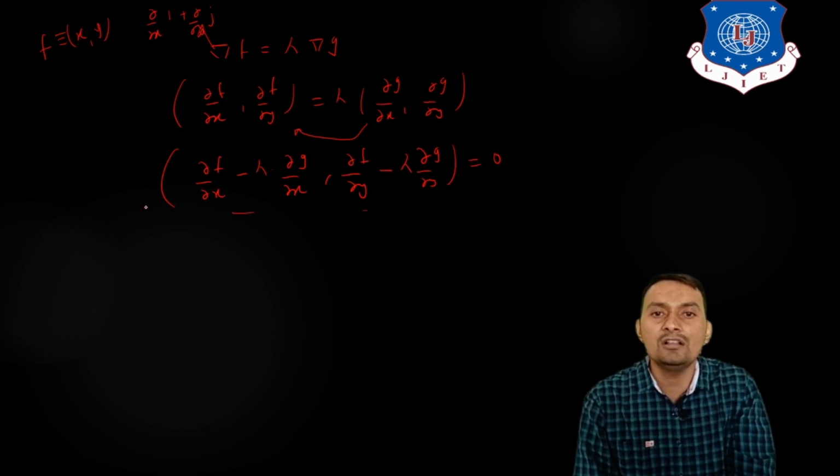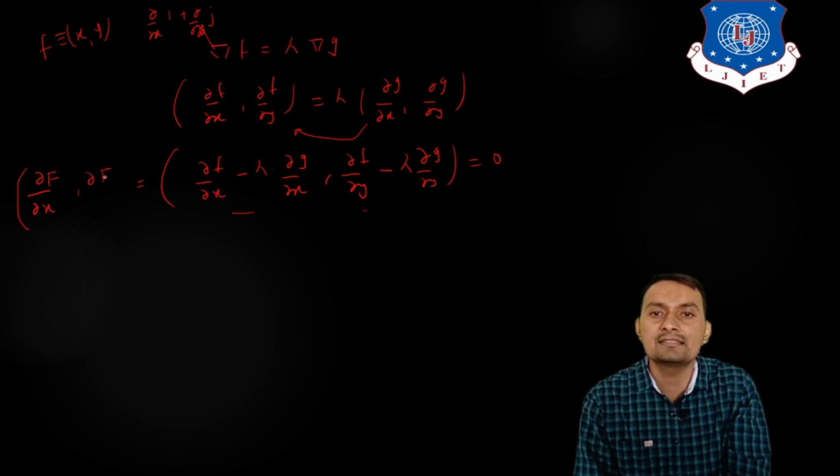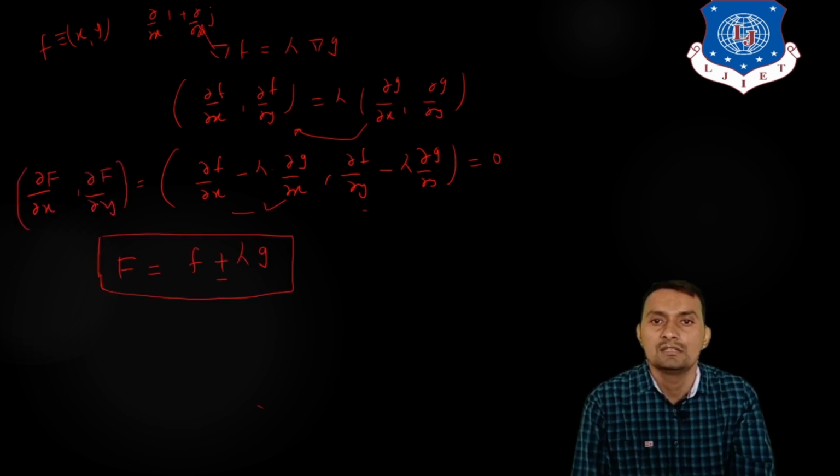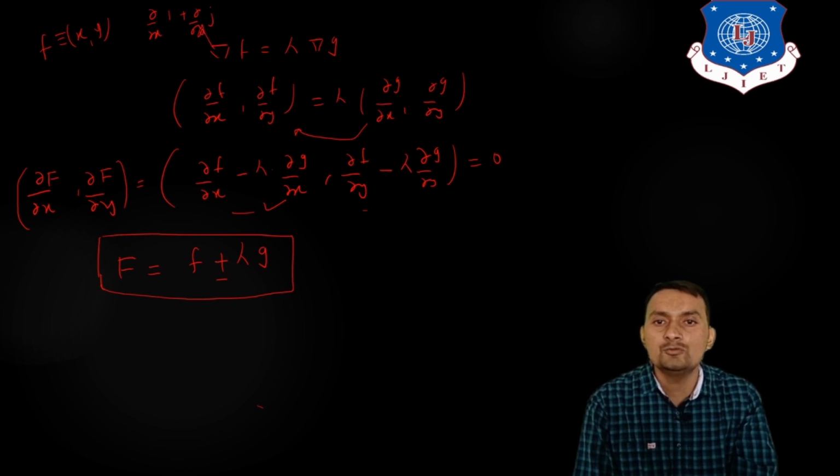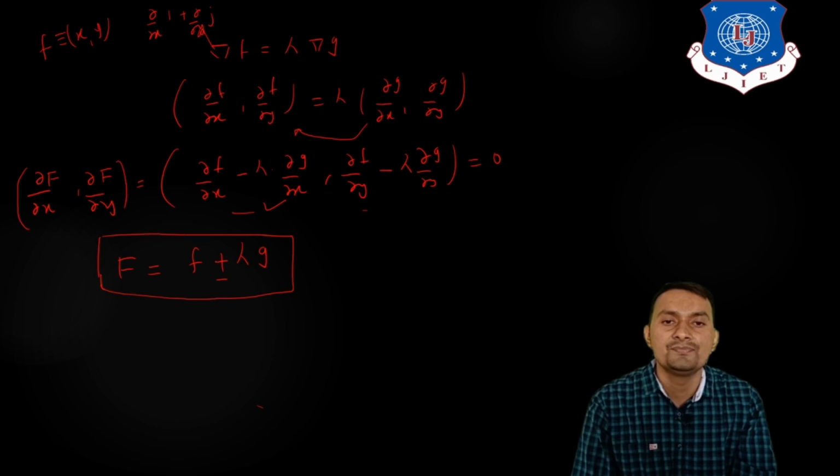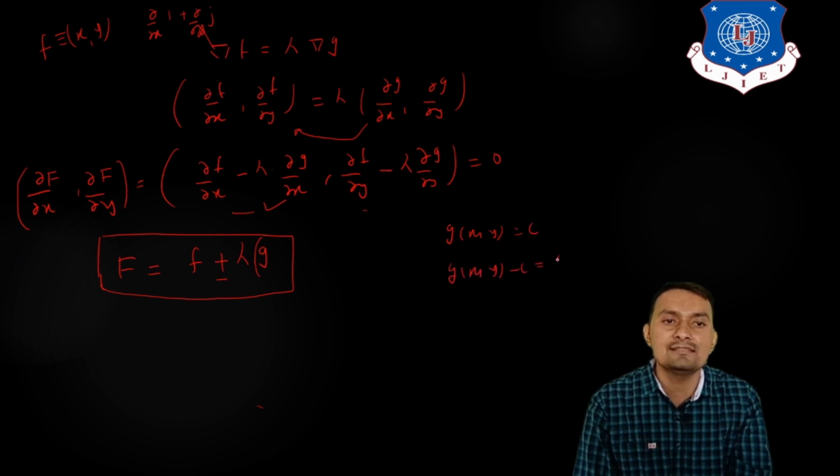For our simplicity, I will assume that capital F is equal to small f minus lambda into g, or you can say plus, or instead you can assume minus. Whenever you are given that g of x, y is equal to c, we can assume that g of x, y minus c is equal to 0.